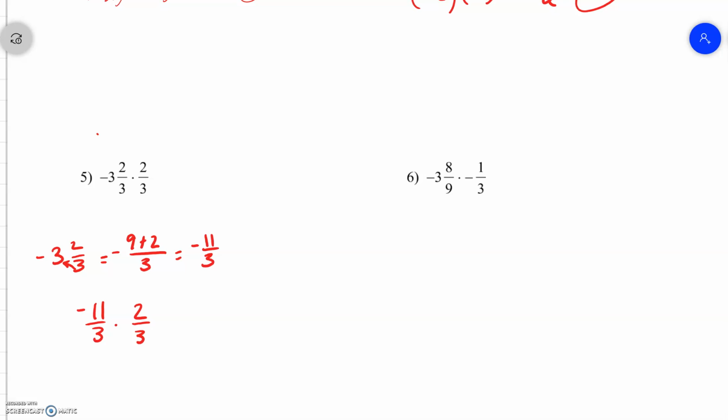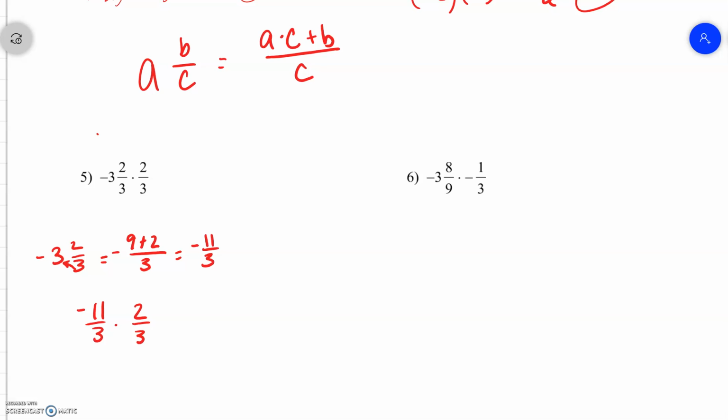So let's make a kind of a general formula that you can see. So you take the denominator times the whole number and add the numerator.